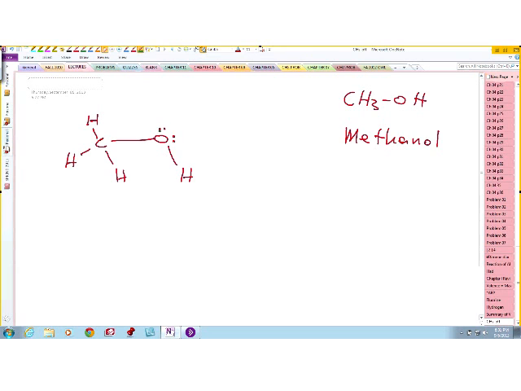In other words, keep in mind that this is in an orbital like this, and this is in an orbital like this. And therefore, if you consider each pair as a bond, then oxygen has how many bonds when it comes to hybridization? 4. And that is why we say this is an sp3 oxygen.